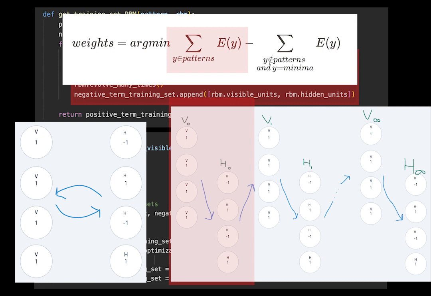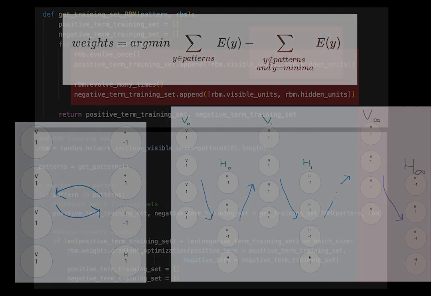After continuing and iterating many more steps, the final visible hidden value pair is taken as our second term. By iterating many steps, we've allowed the network as a whole to drift towards an energy valley, as we've referred to in previous videos. So when we maximize the energy for this pair, we raise that valley.